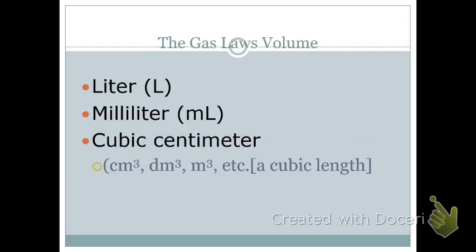Volume of gases can be in liters, they can be in milliliters, or they can be in cubic centimeters, or any cubic measurement, which is considered a volume. Make sure that you are aware of the units for volume. If we give you volume in liters in a problem, and we ask you for the new volume or what volume it had before, make sure you give it to us in the correct units.